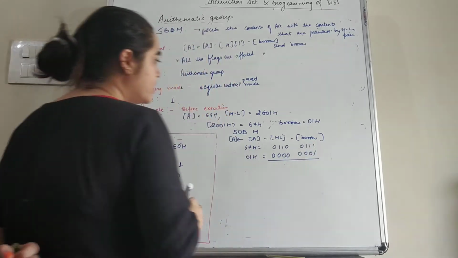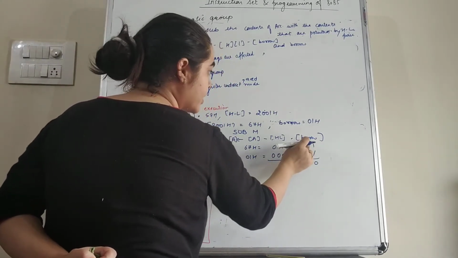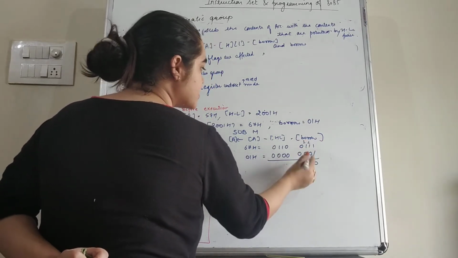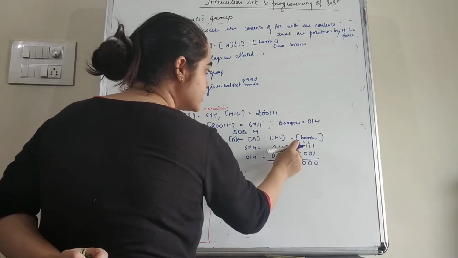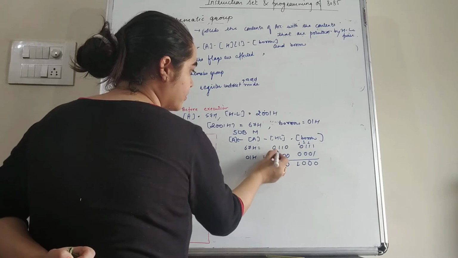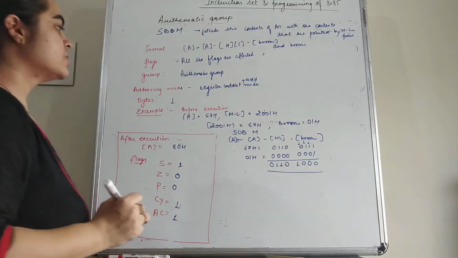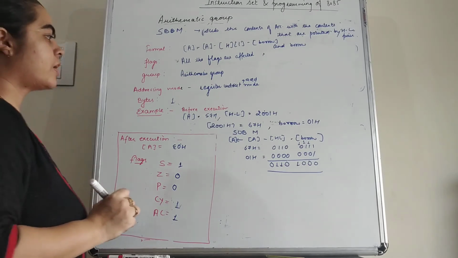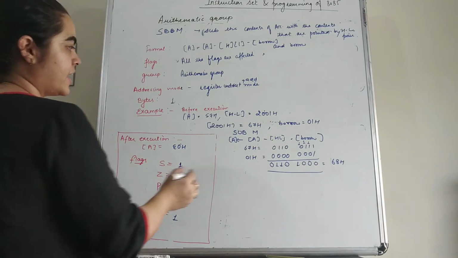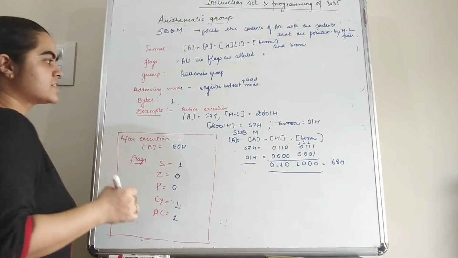So we can add it. 1 and 1 is 10, 0 here, 1 here. 1 plus 1 plus 0 is again 10, 0 here, 1 here. 1 plus 1 plus 0, again 0 and 1. 1, 0, 0, 1. 0 and 0, 1. 1 and 0, 1. 1 and 0, 1. 0 and 0, 0. So the result is 0, 1, 1, 0, 1, 0, 0, 0. So this we can write as 68H. So when we add 67 with 01, the result is 68H.